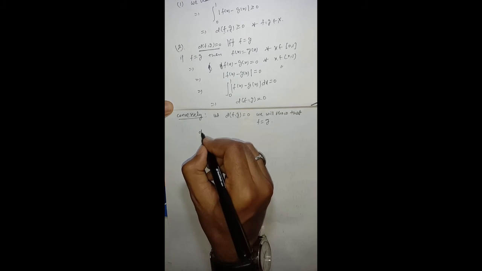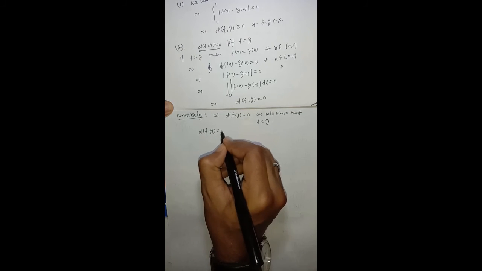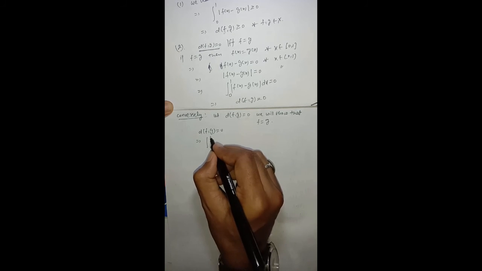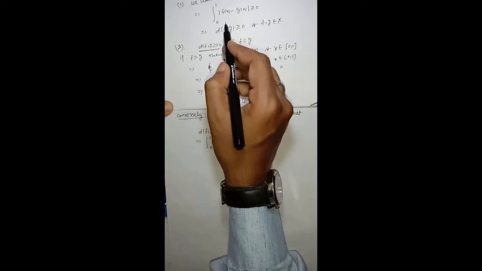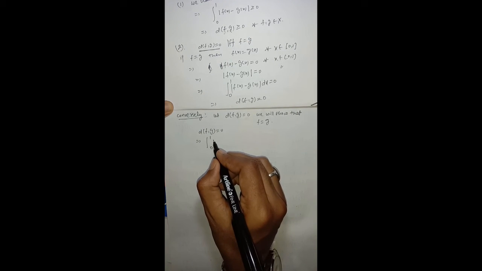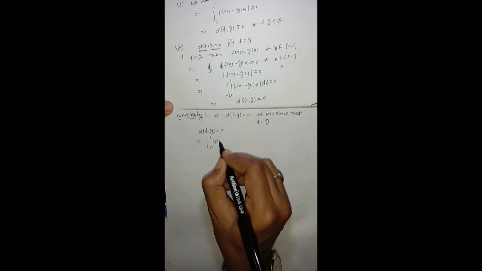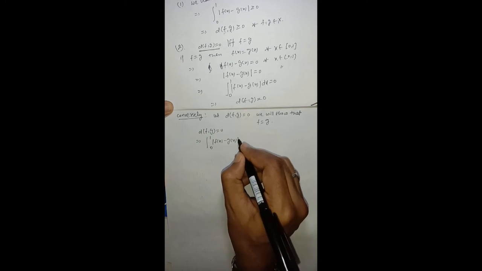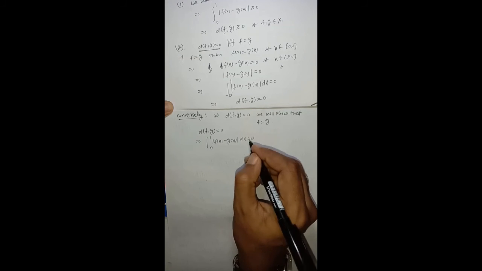So we have d(f, g) is equal to 0. This implies, by the definition of the function d, the integral from 0 to 1 of |f(x) - g(x)| dx is equal to 0.